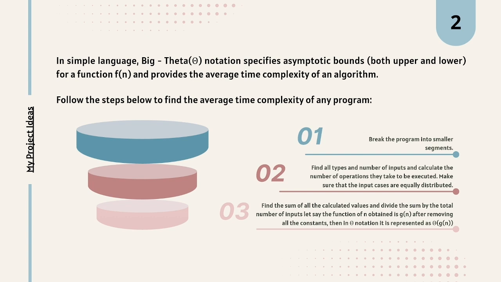Make sure that the input cases are equally distributed. Then divide these input cases into equal segments, which makes calculation easy. Then find the average: sum all the calculated values and divide it by the total number of inputs.